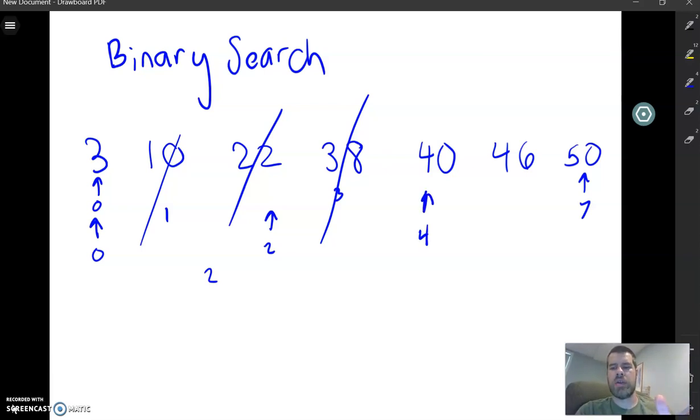Whichever side needs to move, we're going to move it up past the initial middle. So you'll have to think about the math that you want to do there. Finding the middle index is pretty easy. You're just going to find the average of the beginning and the end. Our very first time we said, all right, the beginning is 0, the ending is 7, the average when we round down is 3. And then if you figure out that the value is bigger than what's at spot 3, now you're saying, okay, let's call it again with 4 and 7.